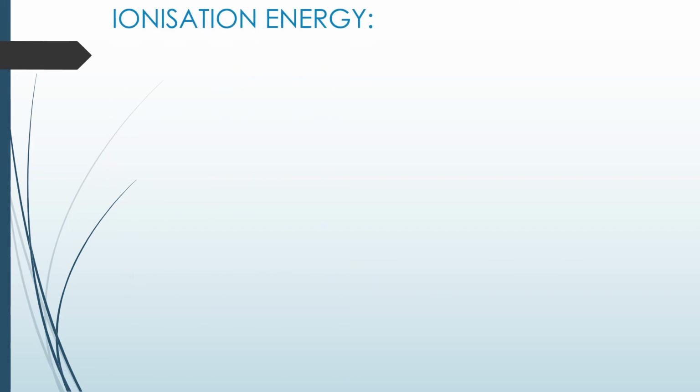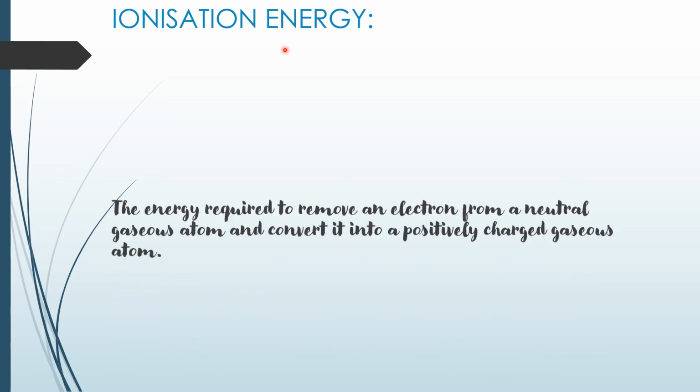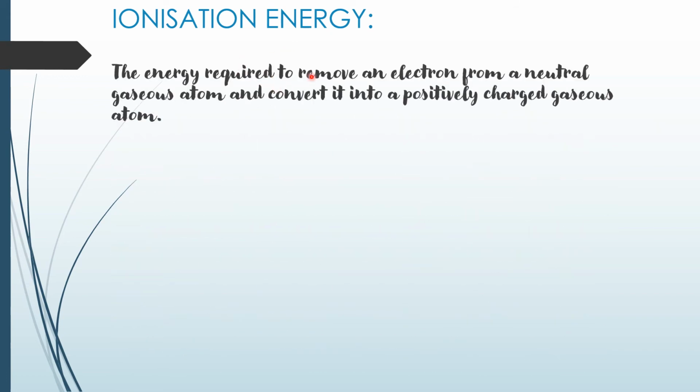The next trend we are going to see is the ionization energy or ionization potential, or simply IE. It is the energy required to remove an electron from a neutral gaseous atom and convert it into a positively charged gaseous ion. Consider an atom M. It requires energy and is converted into a positively charged gaseous ion M+.